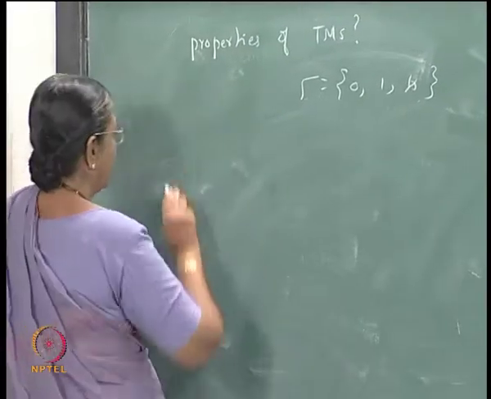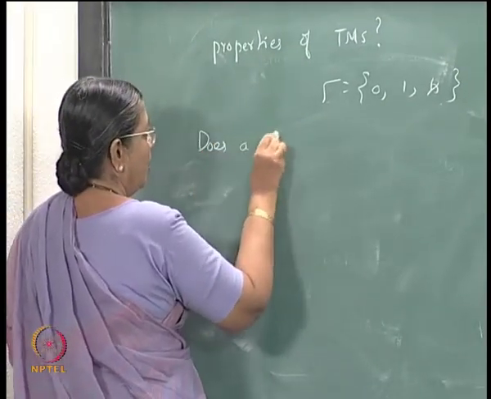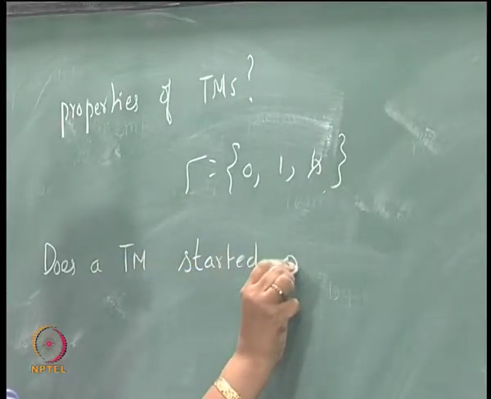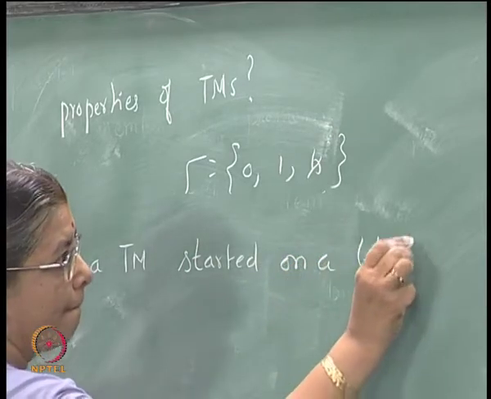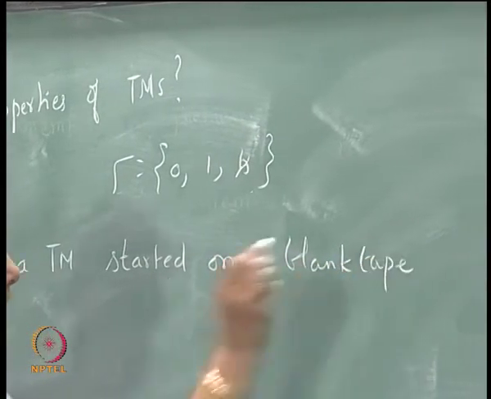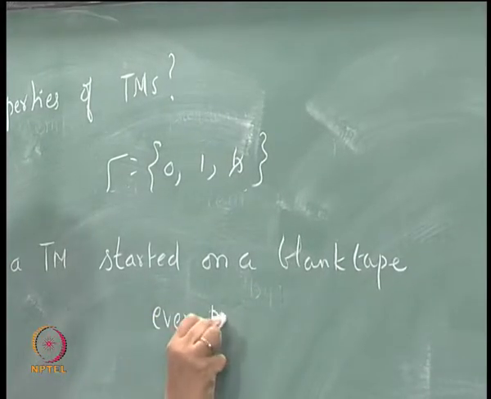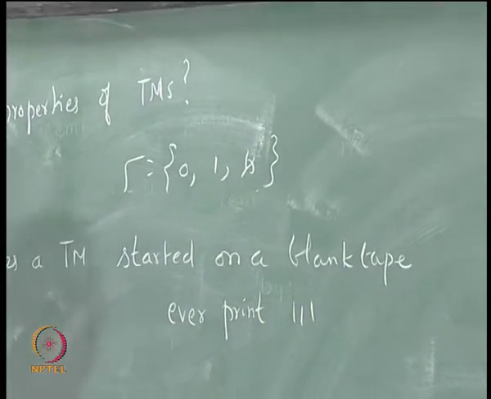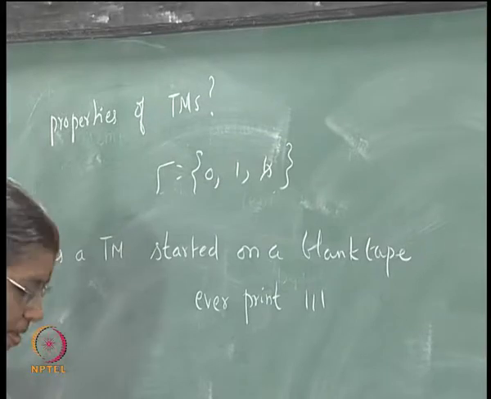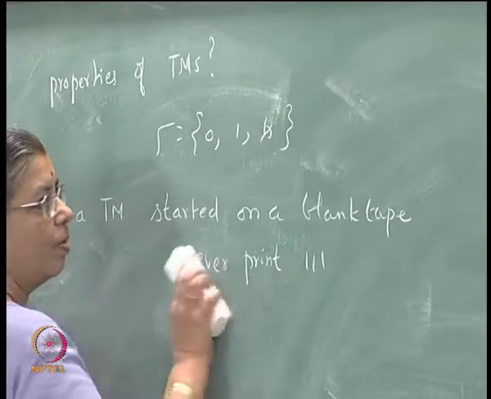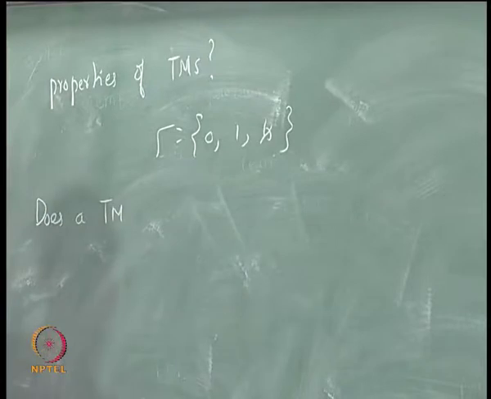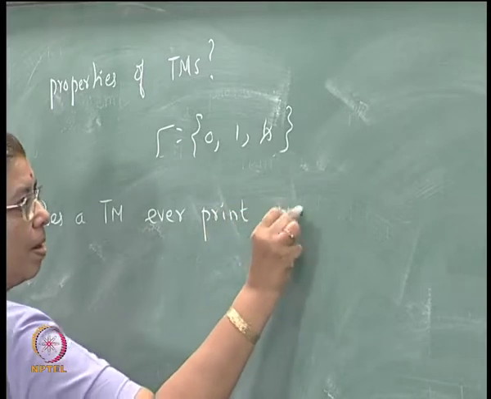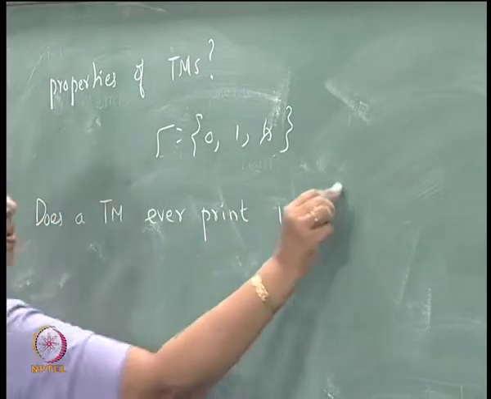So, the question is, does a Turing machine started on a blank tape ever print three ones, three successive ones?